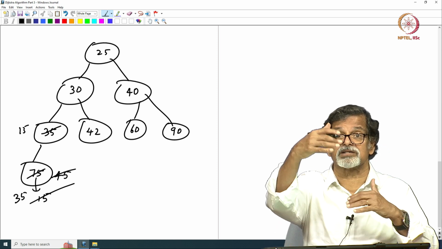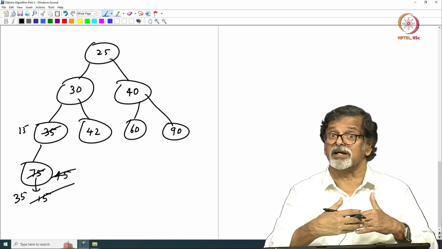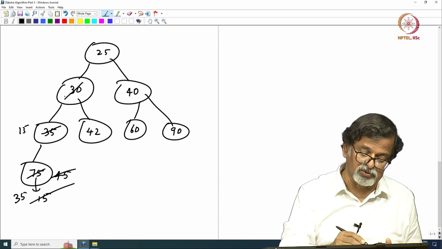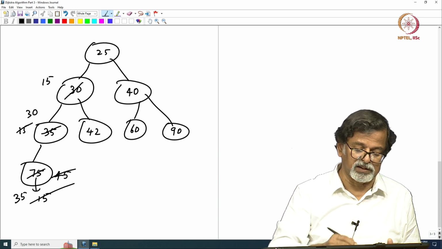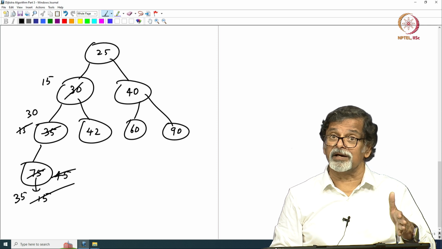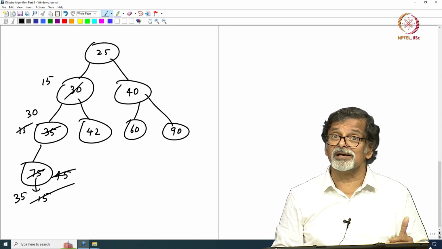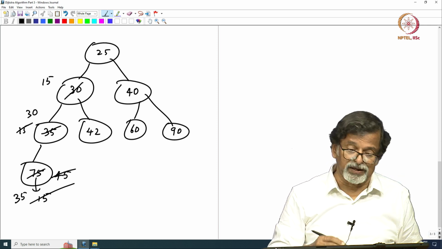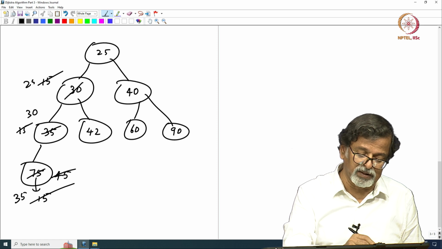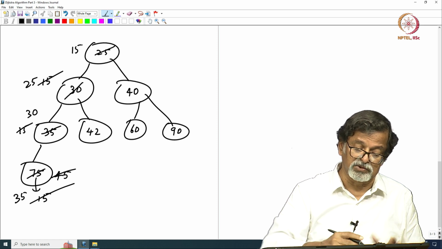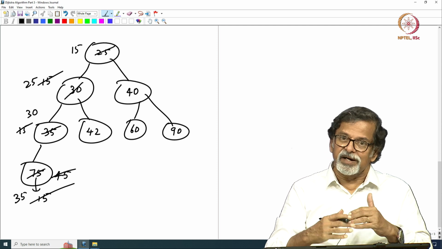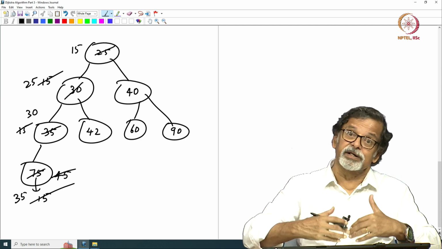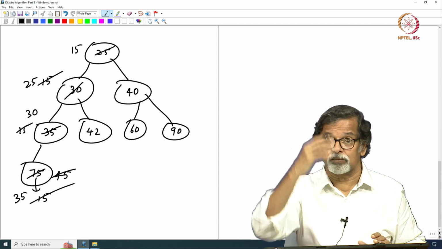Again 15 cannot sit as a child of 30, that is not possible. So swapping, 15 is brought here and 30 is brought here. Again 15 cannot stay as a child for 25, so 25 is brought and 15. So it can go all the way up to the root. It can stay there, it can stop in between, or it can go all the way up to the root.